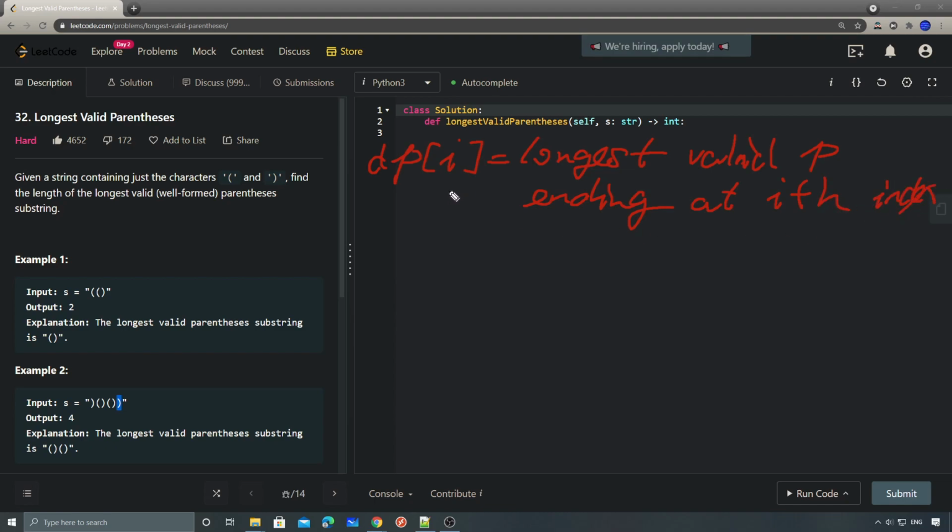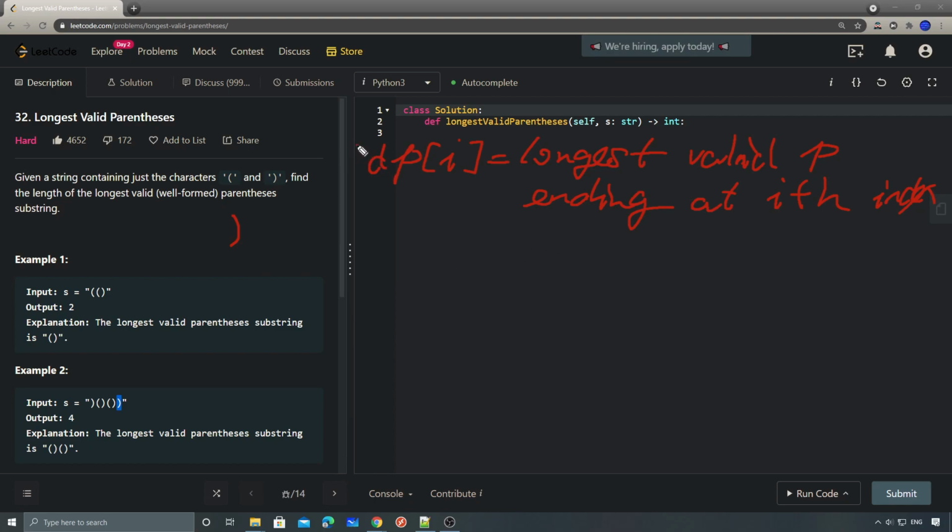So basically that's the definition of dp[i]. Which means that the letter at index i in the string has to be a right parenthesis, because only the right parenthesis could give us a valid pair.